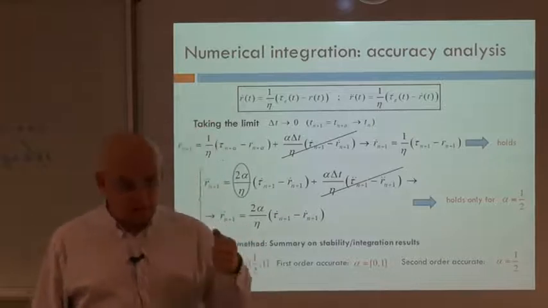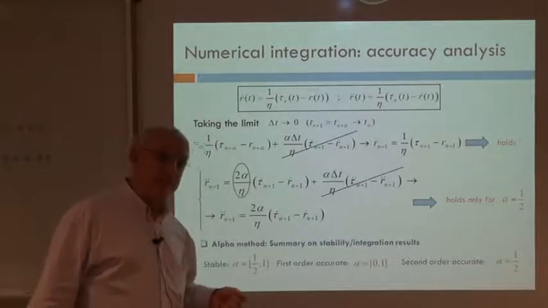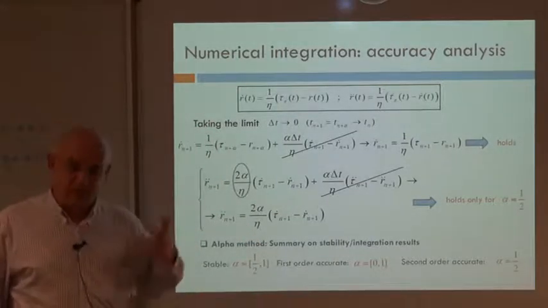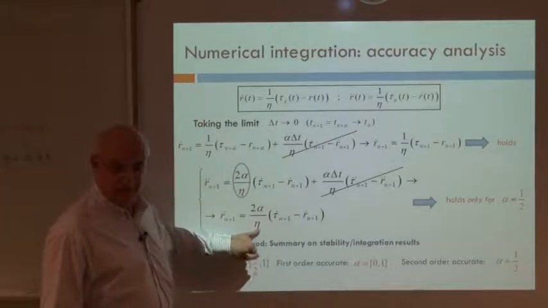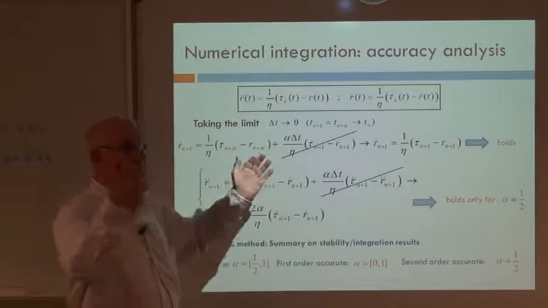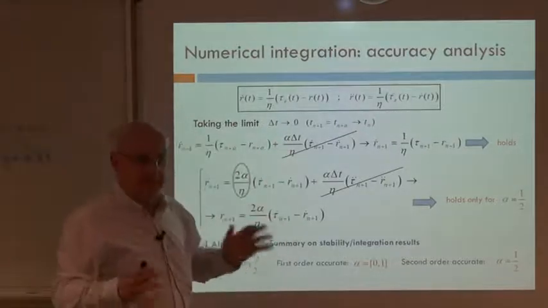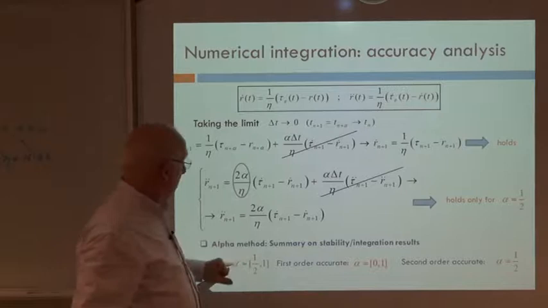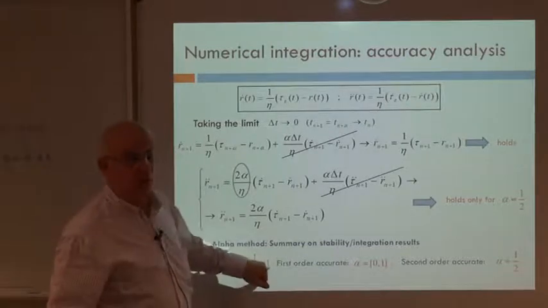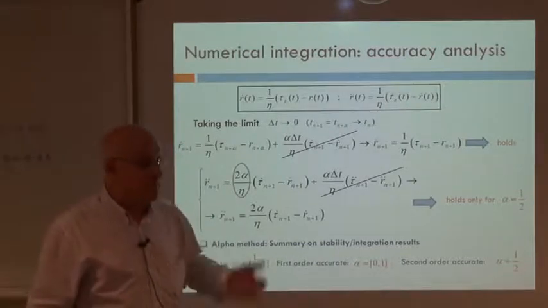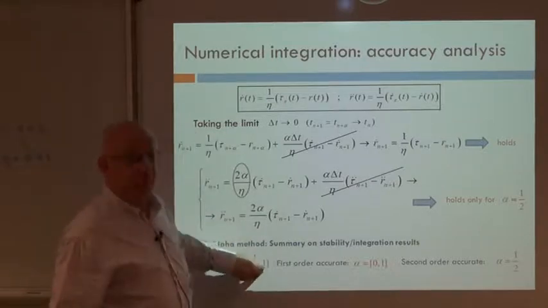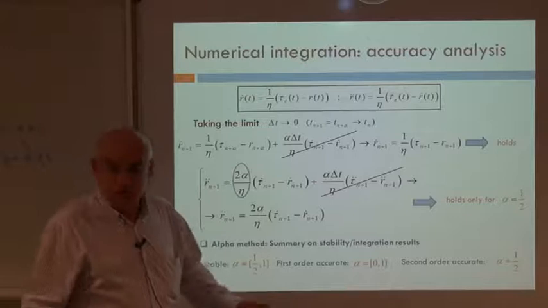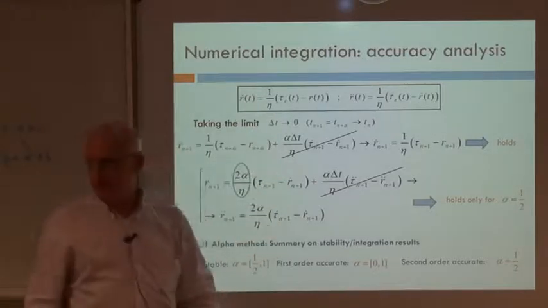So you will be requested in your assignment to do experiments to see that when you use alpha equal 1/2, by using the same time steps, for instance, and comparing alpha equal 1/2 or alpha equal 1, you are more accurate using alpha equal 1/2 than alpha equal 1, which should be expected from this accuracy analysis.